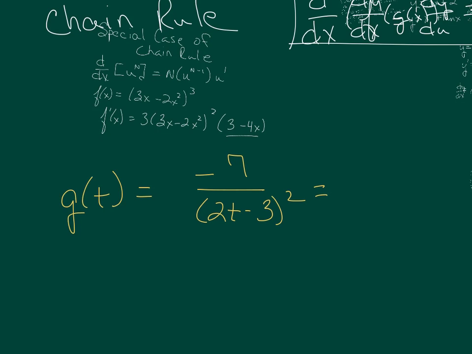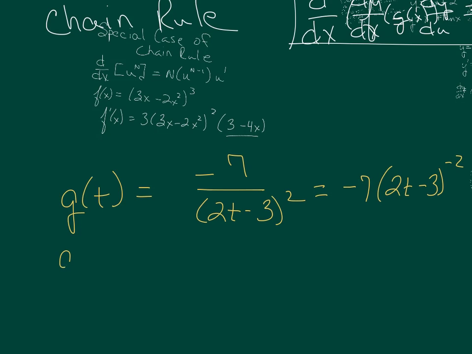Move it up to the top and just do minus 2 for the exponent. Okay. Anytime you just have a constant in the numerator, you want to rewrite it with a negative exponent to take the derivative. Be much easier than trying to use the quotient rule.